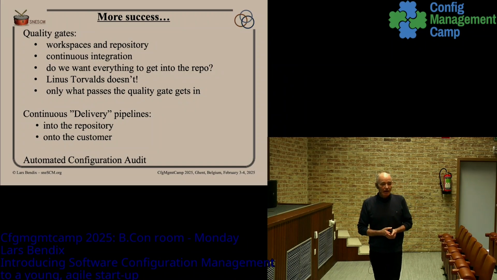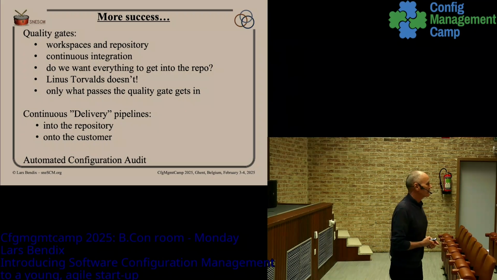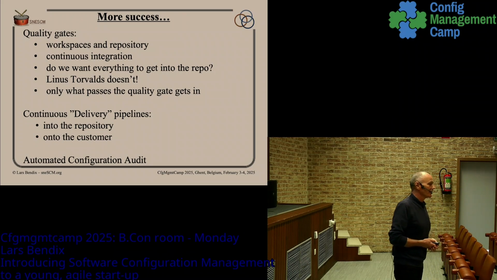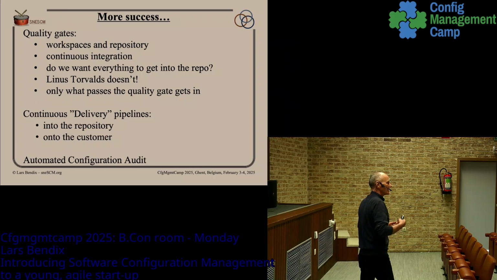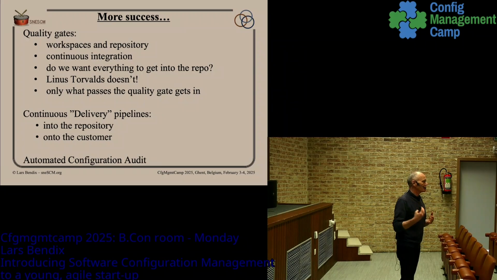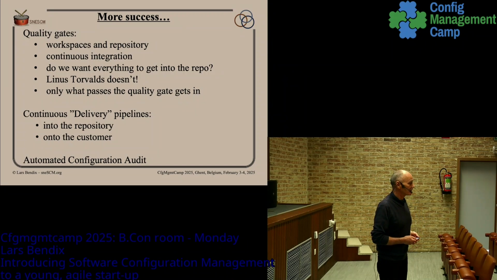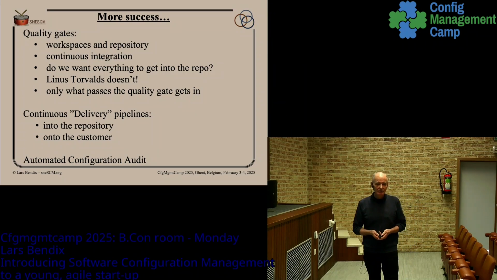And a continuous delivery pipeline, if you go and talk to traditional configuration managers, they'll say, that's nothing but an automated configuration audit. Maybe they would like to put a little bit more into the pipeline that Agile people will do, but it's continuous delivery, an automated configuration audit.